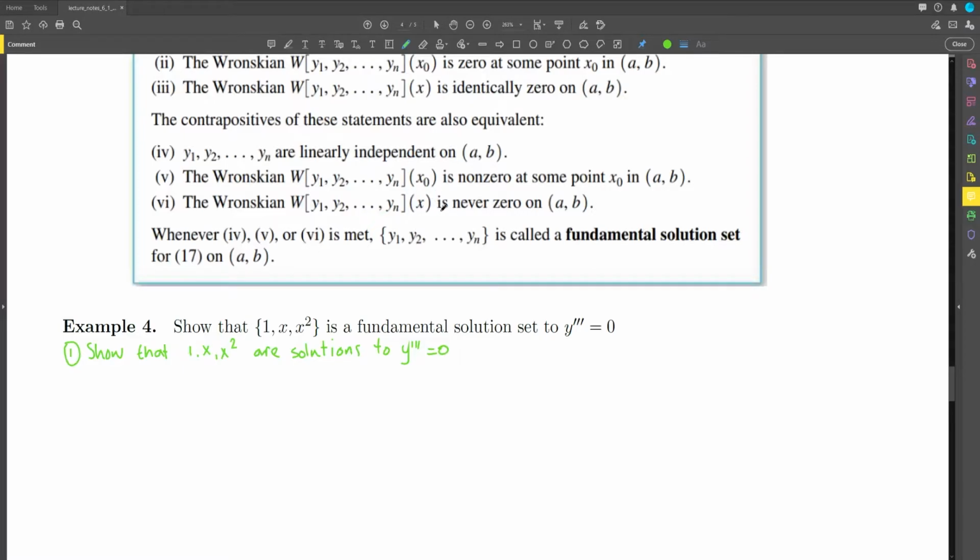In order to show that, we just need to take the third derivative of each of these functions. If we take the third derivative of 1, that equals 0. The third derivative of x is going to be 0 as well.